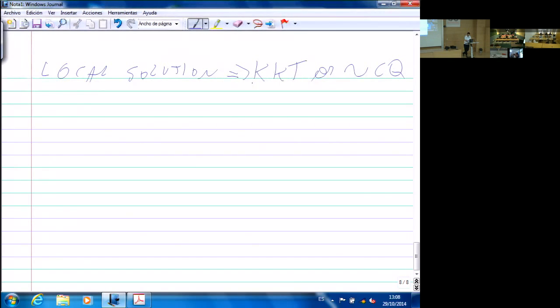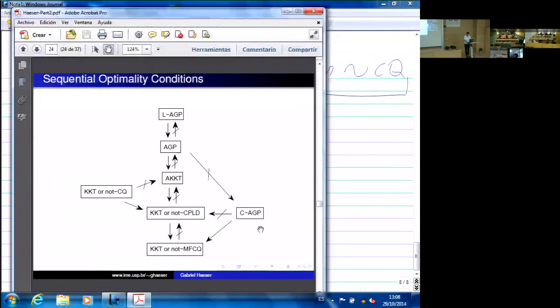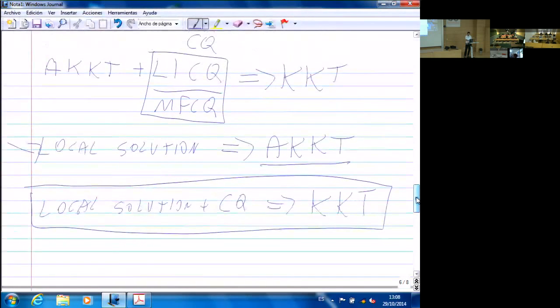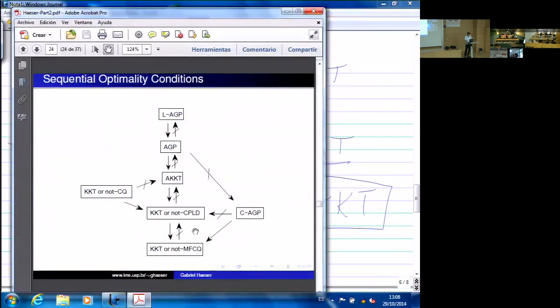So if you look at this, this is an optimality condition, and this I can compare with my type of optimality condition. What we can prove, in fact we have proven here, is that AKKT implies KKT or not linear independence or Mangasarian-Fromovitz. We can do this for other constraint qualifications too.